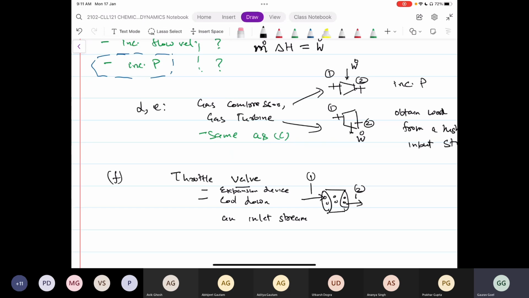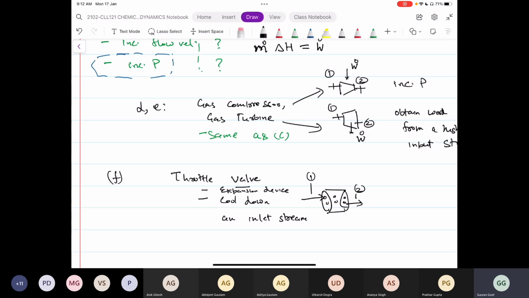Once we come to chapter 9, or even chapters 6, 7, we'll look at numbers to understand that, depending on the conditions of the inlet stream, you can get very different amounts of cooling. Anywhere from a few degrees Celsius to hundreds of degrees Celsius of cooling, depending on the inlet conditions.